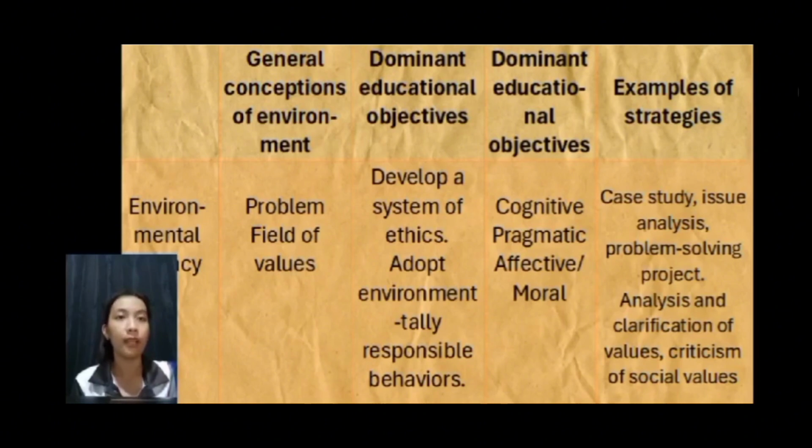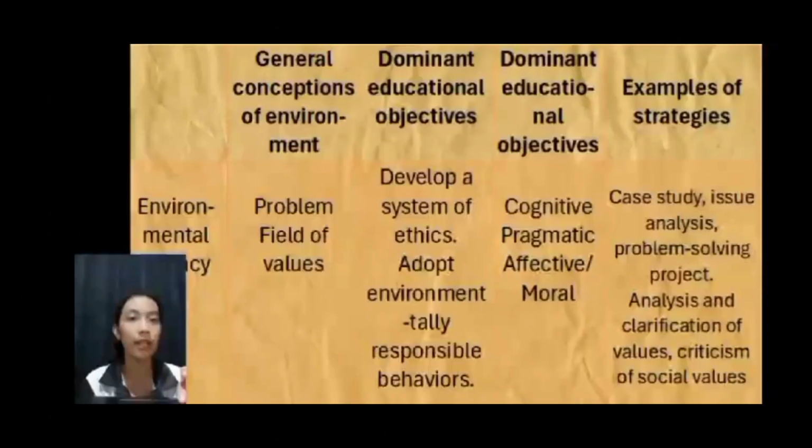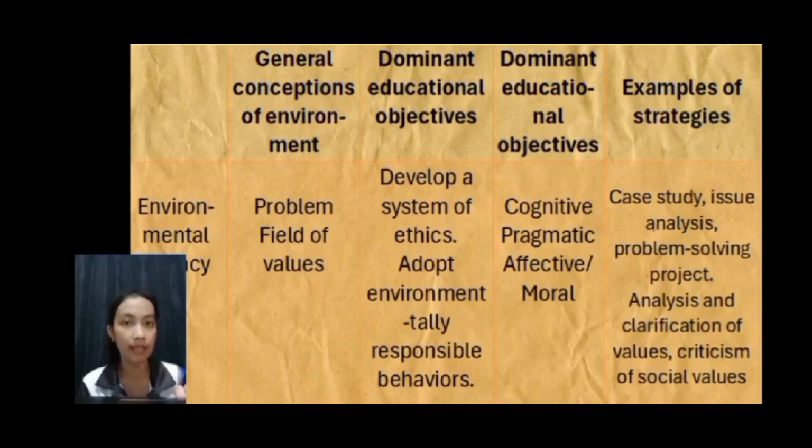The dominant educational objectives under environmental literacy are to develop a system of ethics and adopt environmentally responsible behavior. When we say develop a system of ethics, establishing an environmental ethic involves recognizing the interconnectedness of ecosystems and understanding the impact of human actions on the environment.